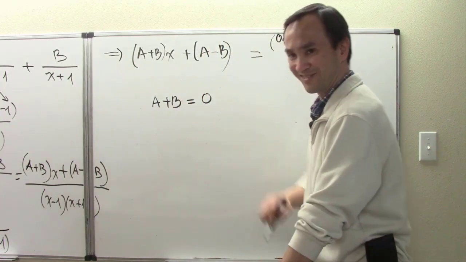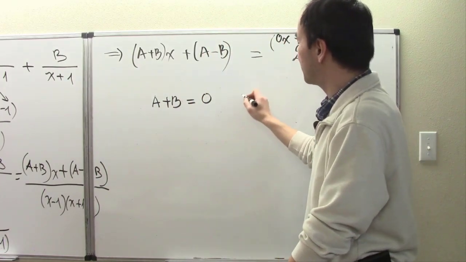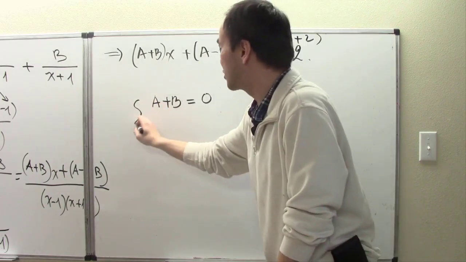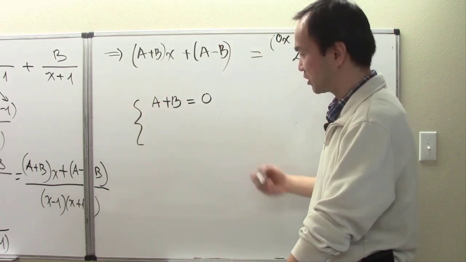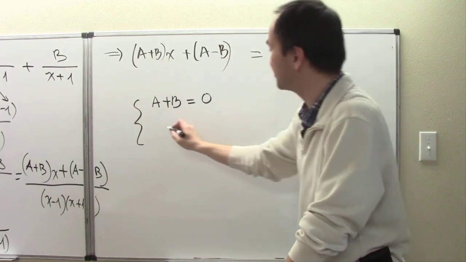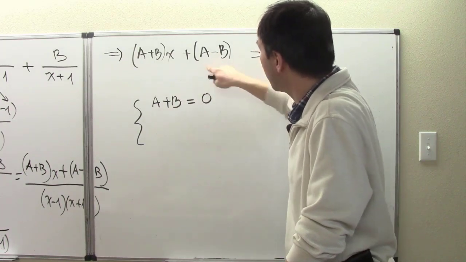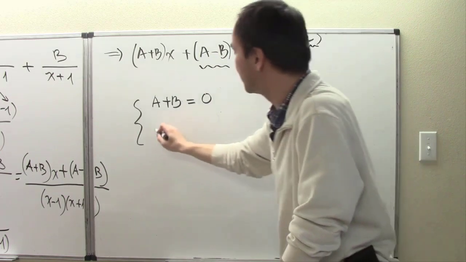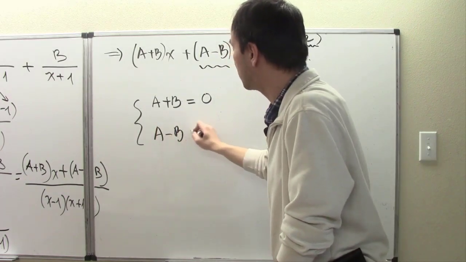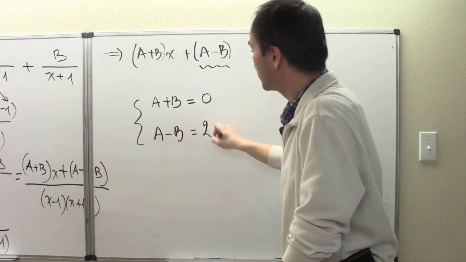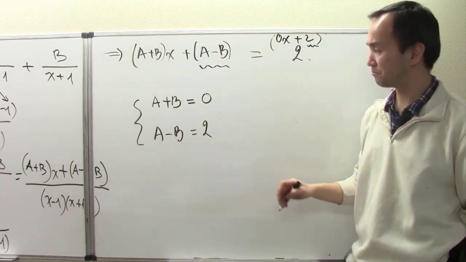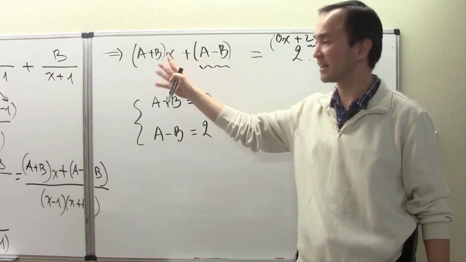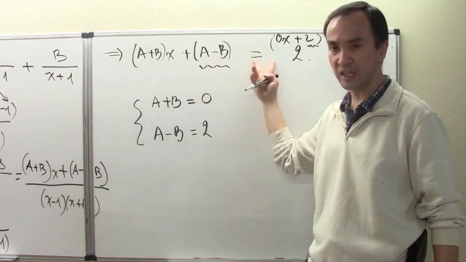That's one thing. And at the same time, in my style, I use the curly braces right here. But at the same time, the constant term a minus b has to match with 2 right here, meaning a minus b has to equal 2. Okay, so once again, it's all due to the fact that we need the two polynomials to equal each other.